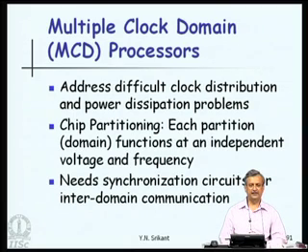The basic idea is that different parts of a CPU will run at different clock frequencies. Why is this needed and how does it solve any problems at all, if any? In general, this type of MCD processor addresses difficult clock distribution and power dissipation problems.